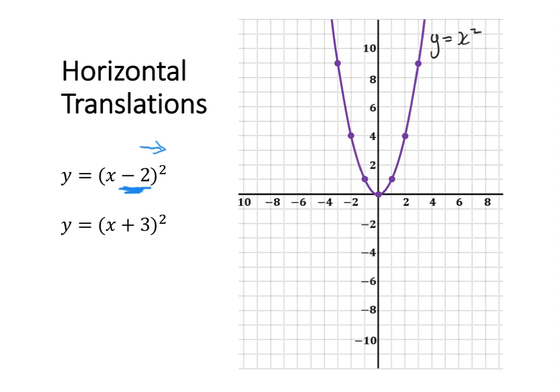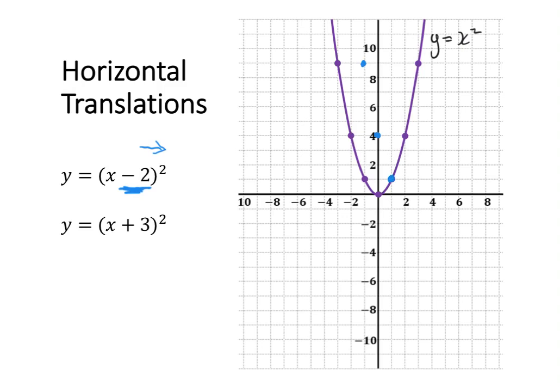So negative 3 and 9 is going to become negative 1 and 9. Negative 2 and 4 is going to become 0 and 4. Negative 1 and 1 is going to become positive 1 and 1.